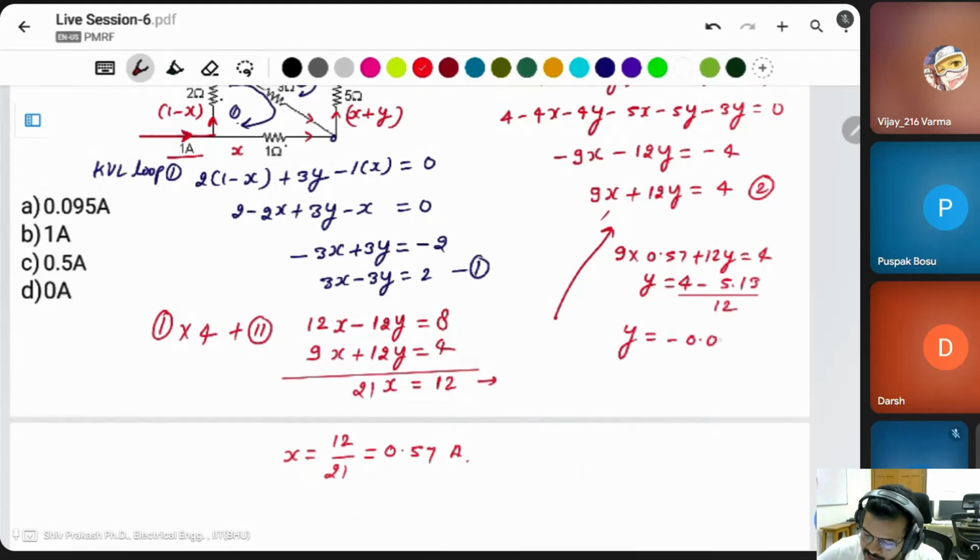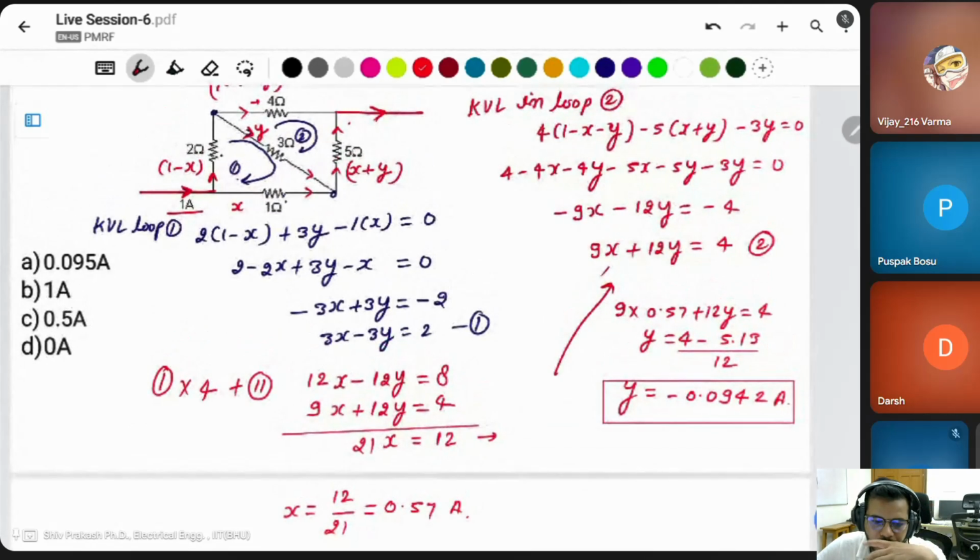Equation number second. Then simply multiply equation number 1 by 3. Yeah, you can multiply with 4 also. We multiply by 4 here, then simply add equation number second. You multiply 4 here, then what happens? This will be 4X minus 12Y is equal to 8.